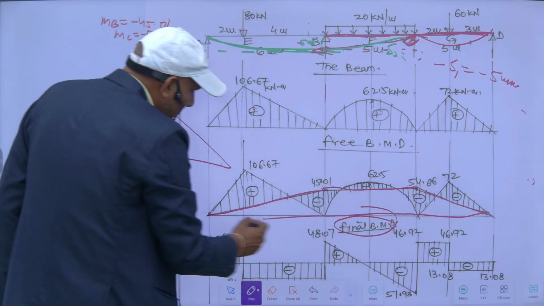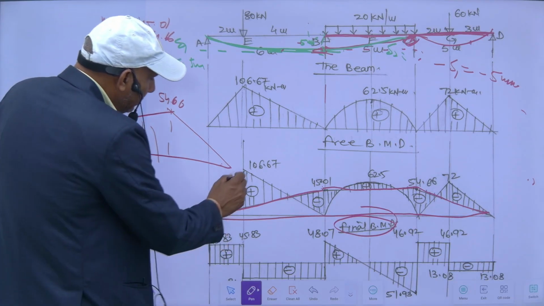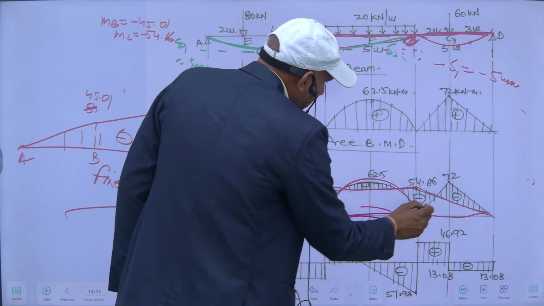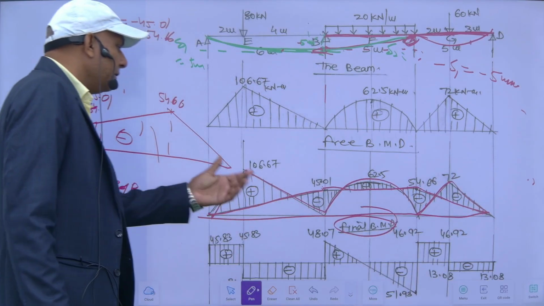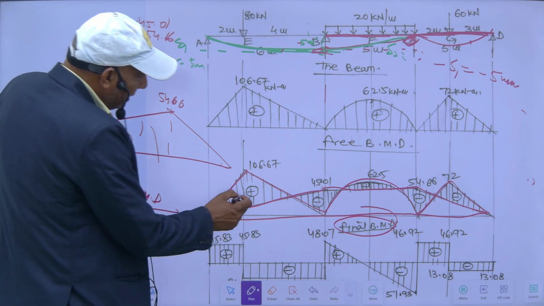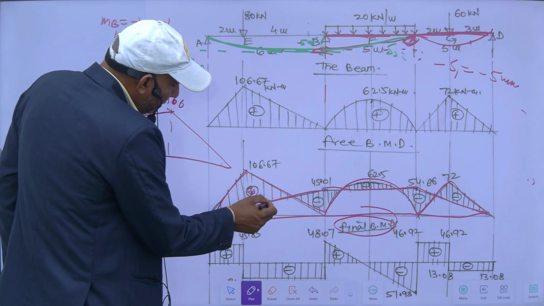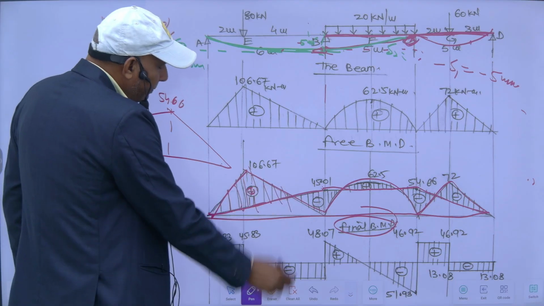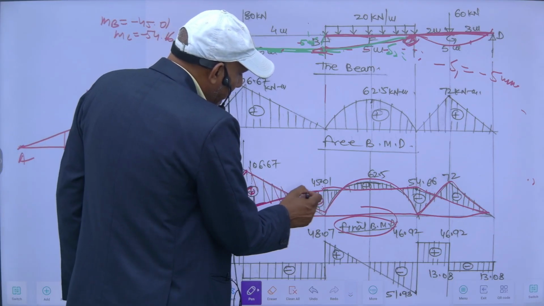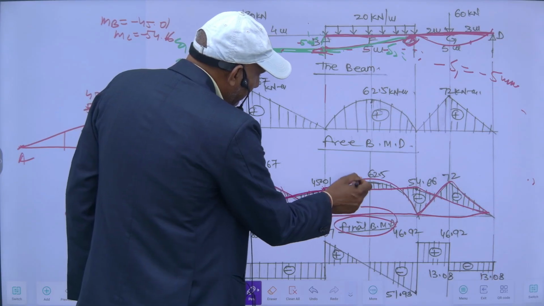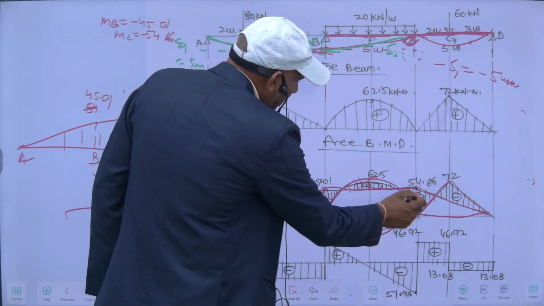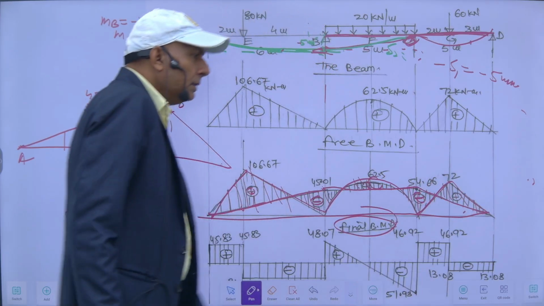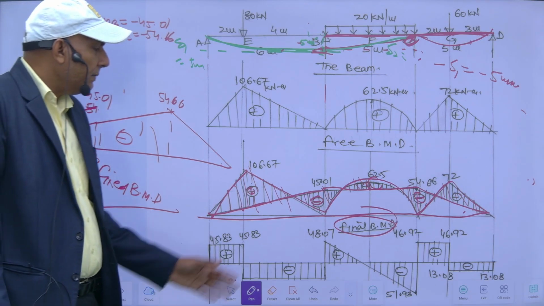This one is the fixed BMD, and this one is the free BMD. When I superimpose both, I will get the net portion. This is sagging, and this will be hogging. Again this will be sagging, this is hogging, and this will be sagging. So this is my final BMD.